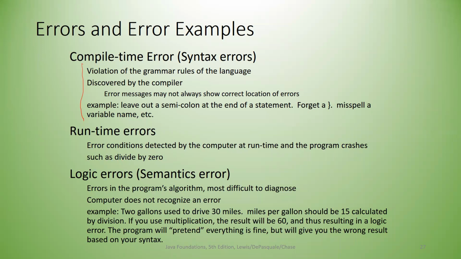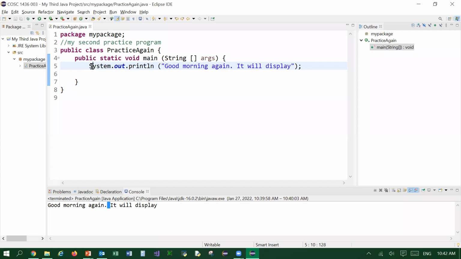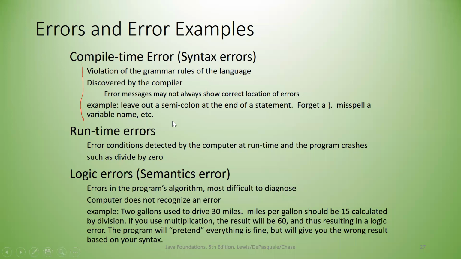If you write this, that's a syntax error because it should be System, right? If you forgot this L, you put I, that is a syntax error. Very picky, I'm telling you. Okay. So those are syntax errors.